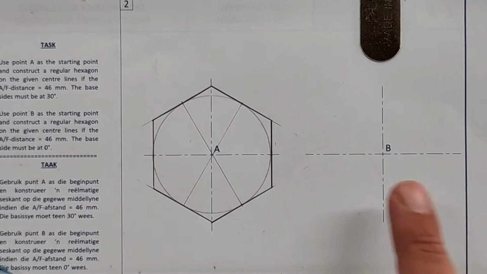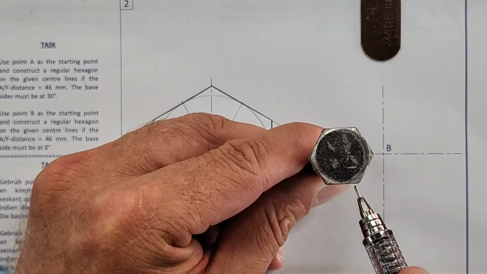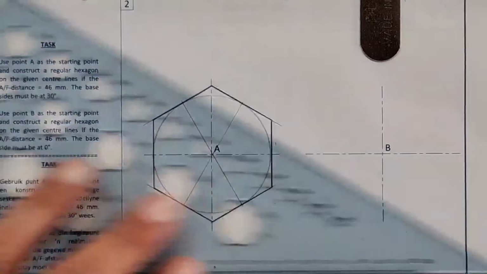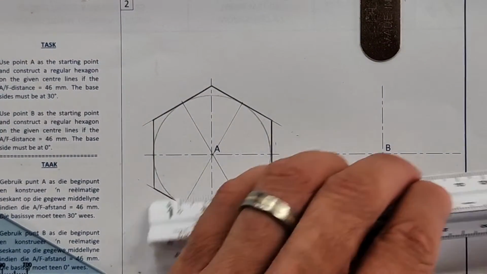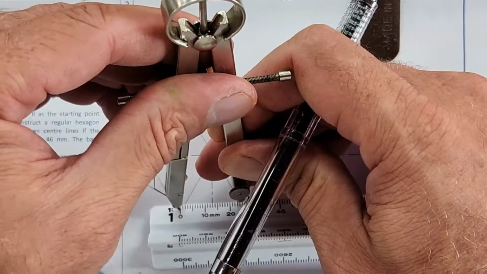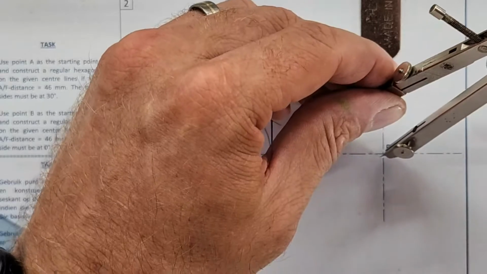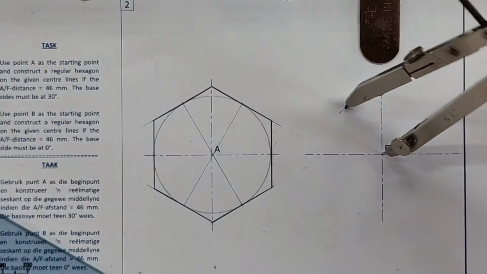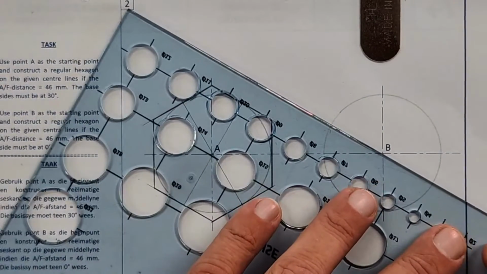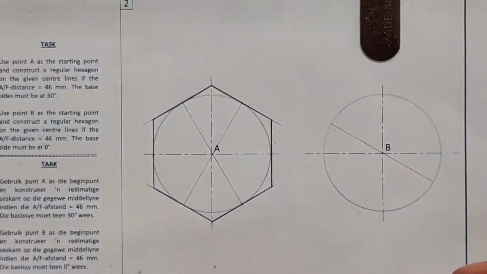Okay, now for the second one, the base is at 0 degrees or at a horizontal position. So now I'm going to just do exactly the same. It is also still 46, so double check that you're still on 23 here. Right, now my 30 degree is becoming my reference here.